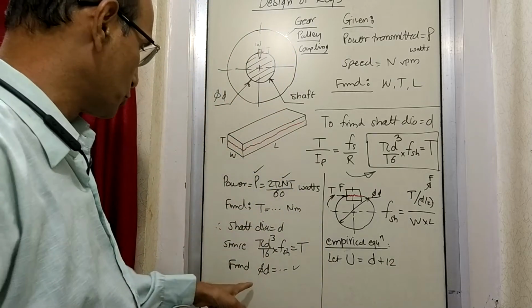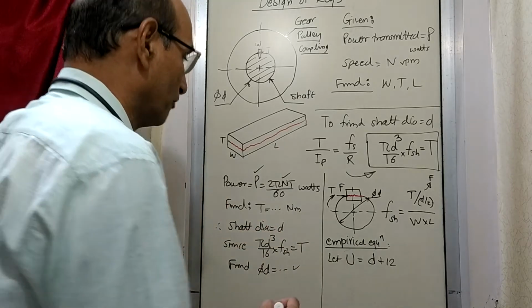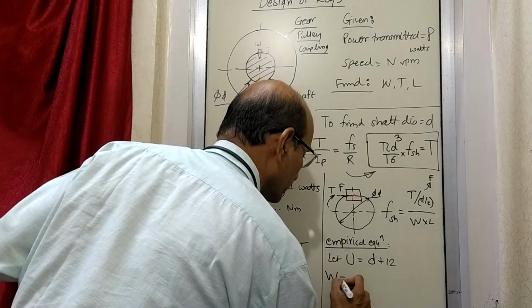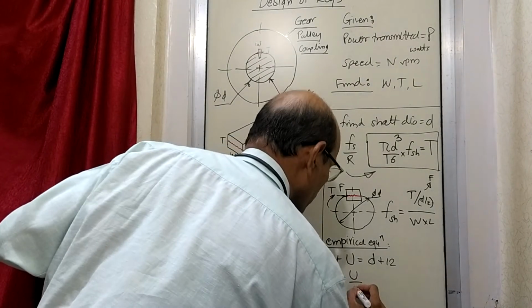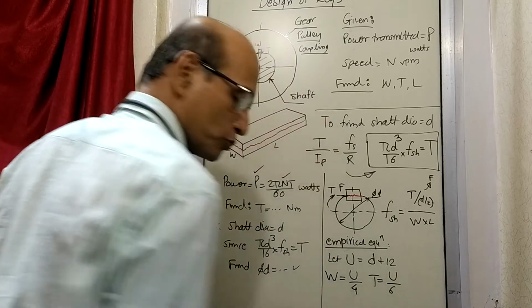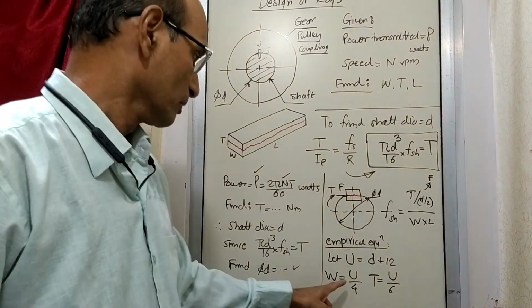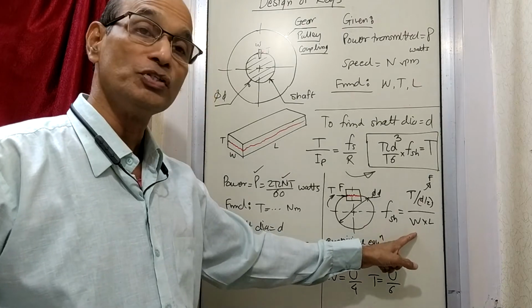So for the shaft diameter which you have obtained, add 12 and get the constant U. After you do this, the width is equal to U by 4, and the thickness T is equal to U by 6. So you get these two sizes, the width and the thickness, by empirical relation, which we have to check here.